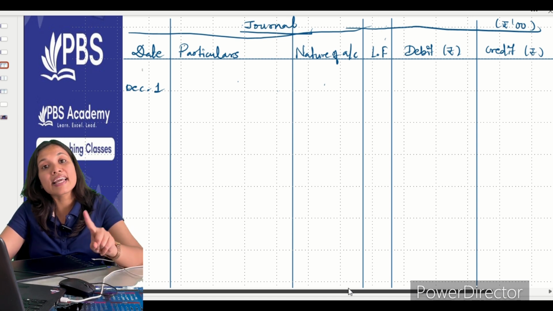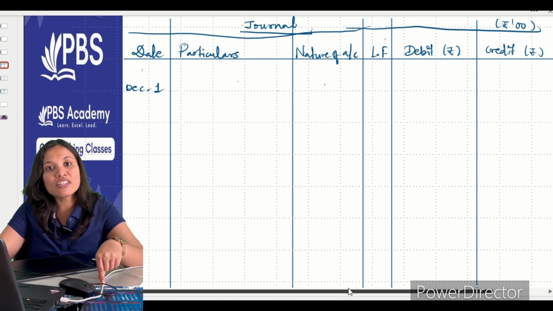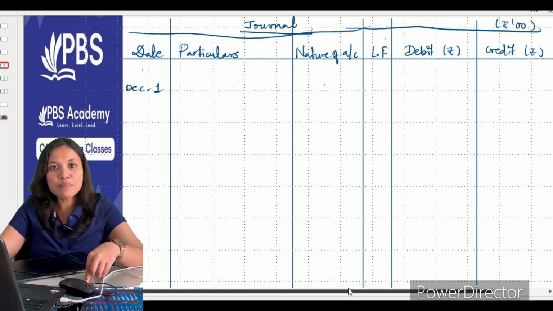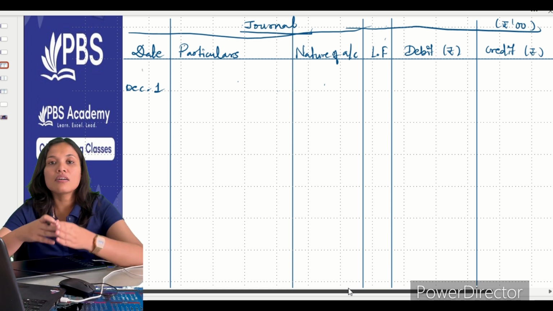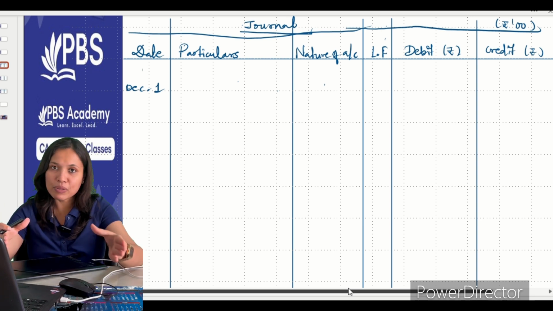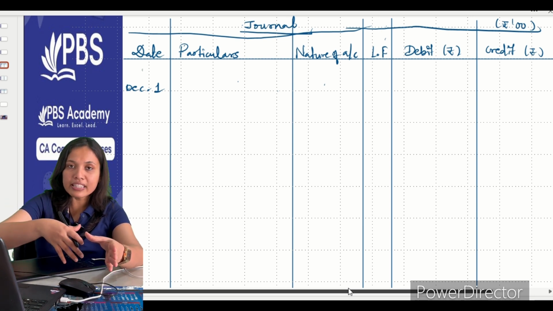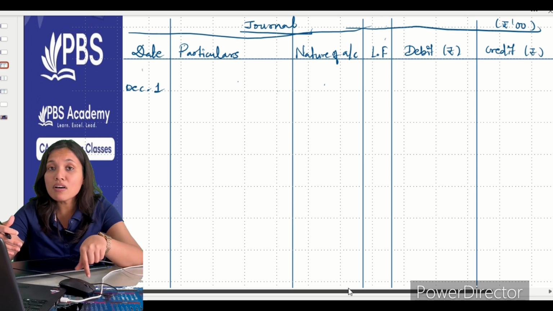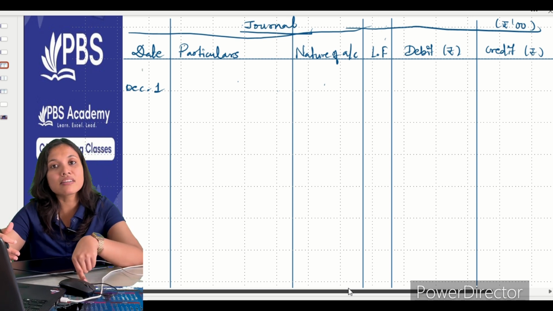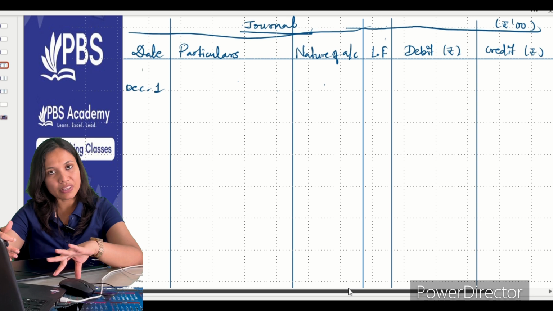Liability, but it is capital because it is given by the owners due to our entity concept. Even owner is separate from the business, correct? Any amount given by the owner is also treated as a liability, but because it is given by the owners, we will term it as capital, correct?